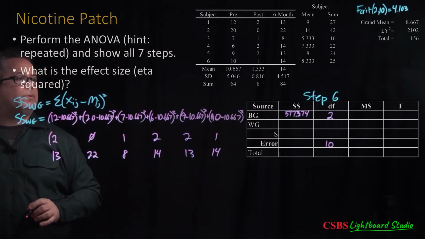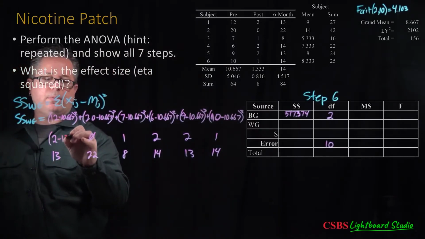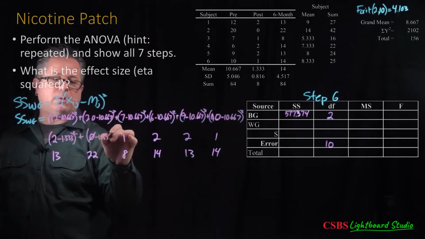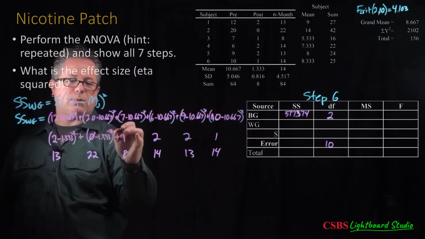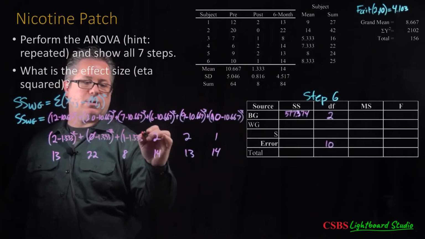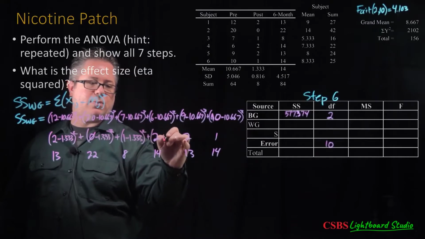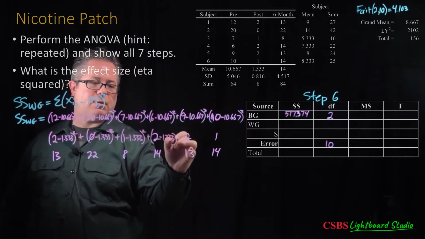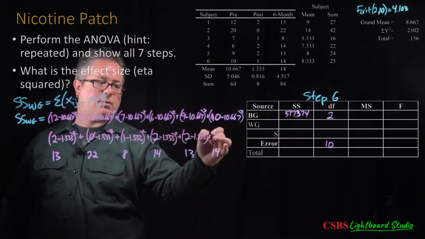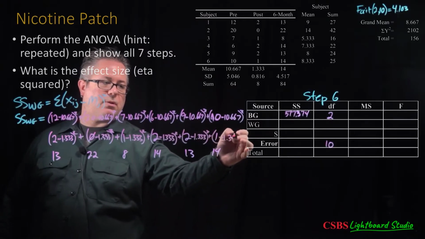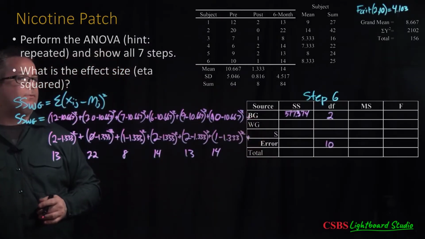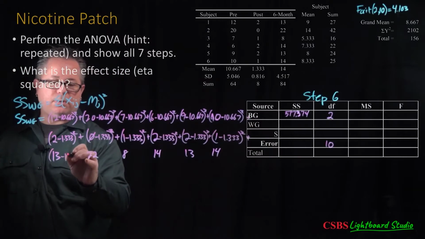So for the second group, it's tracking at 1.333. 3 minus 1.333 squared plus 1.333 squared plus 1 minus 1.333 squared plus 2 minus 1.333 squared plus 1.333 squared plus 1 minus 1.333 squared. For the last group, the mean is 14, so I'm subtracting 14 out of all these.